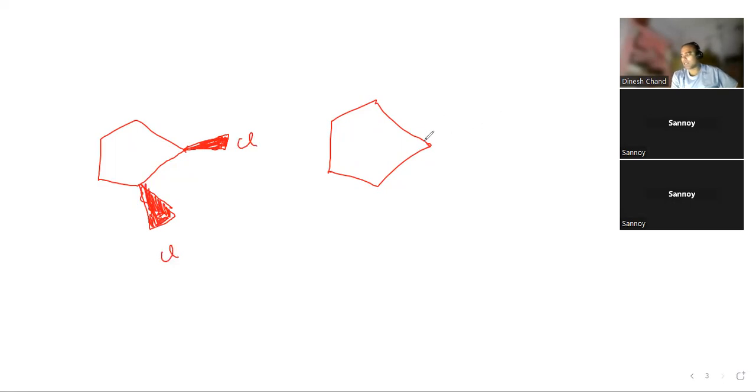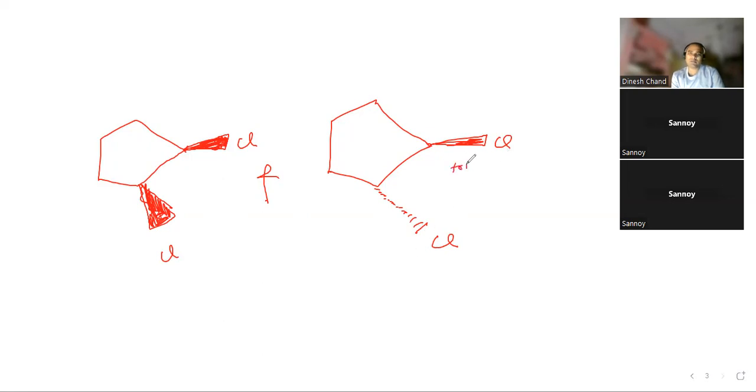Now in another diagram, this is Cl and another Cl, but it is a dash line, which is away from the observer.